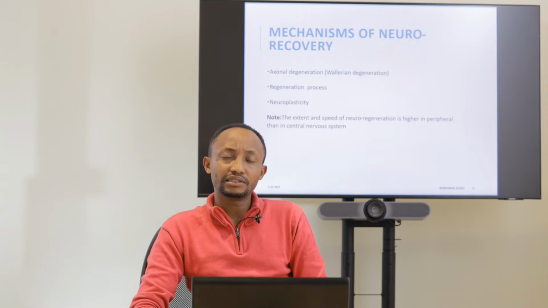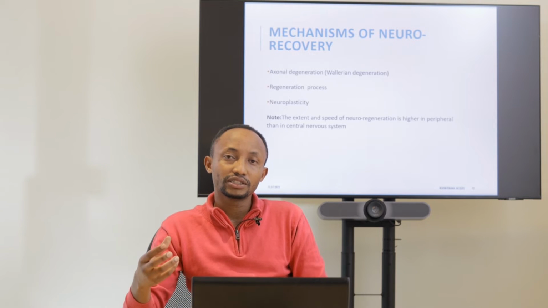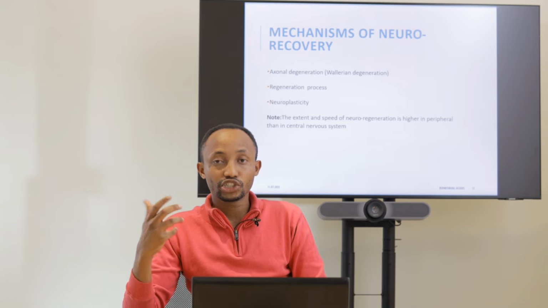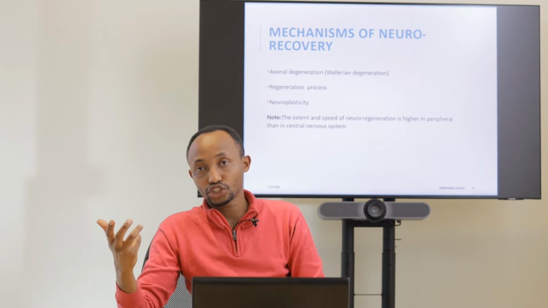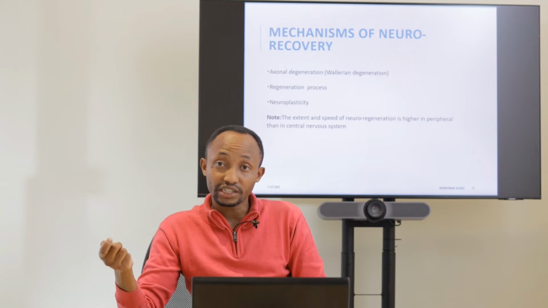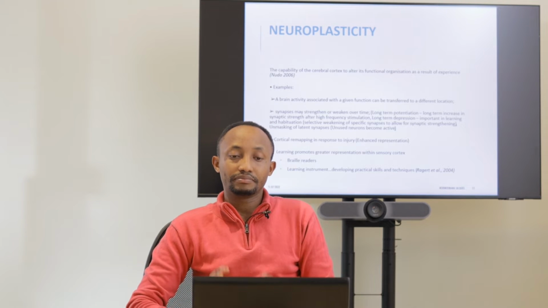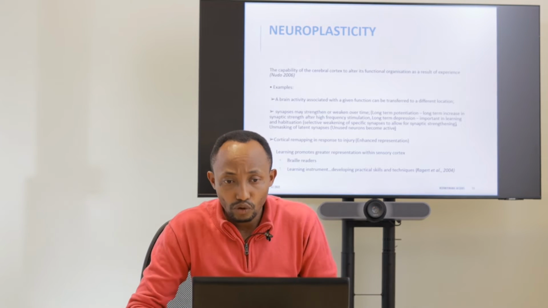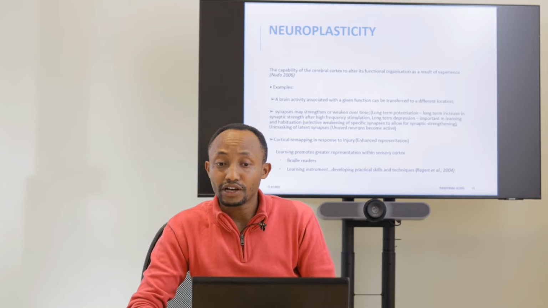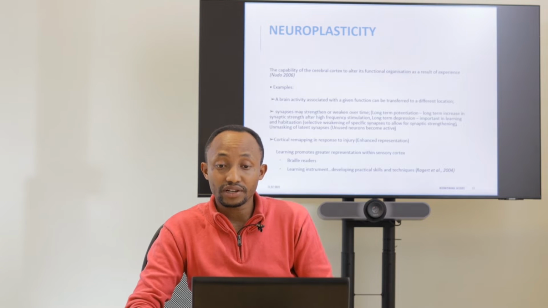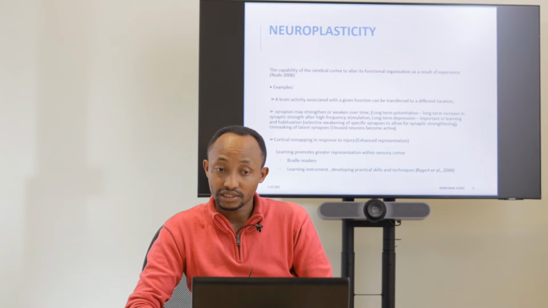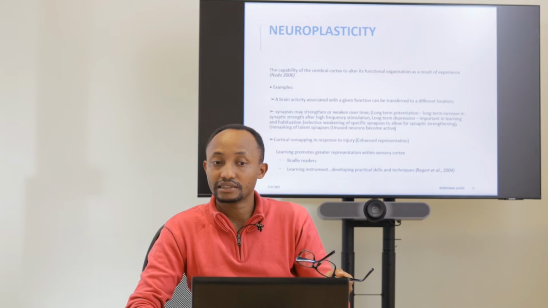Neuroplasticity is the ability of the brain to alter its shape and its function as a result of training. So, the capability of the cerebral cortex to alter its functional organization as a result of experience. This is what we call neuroplasticity.